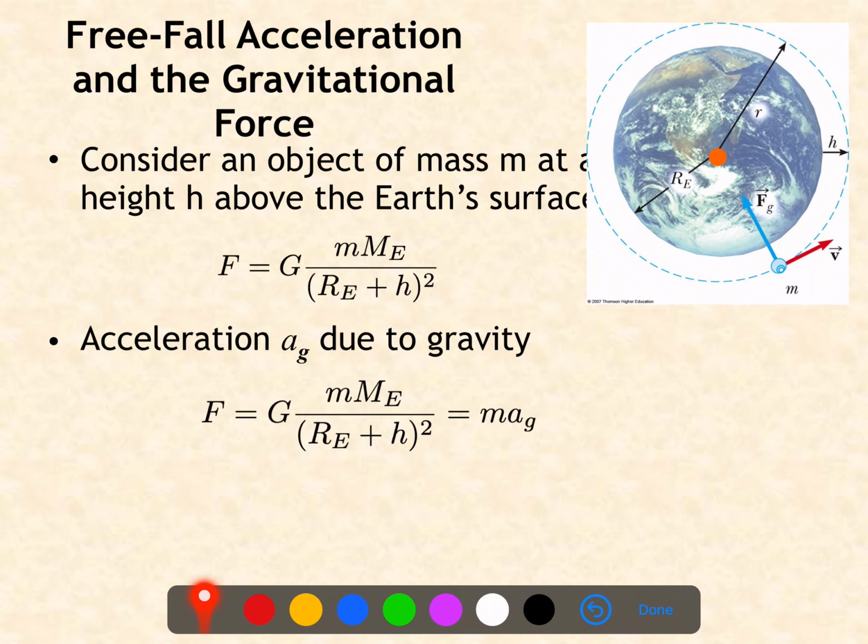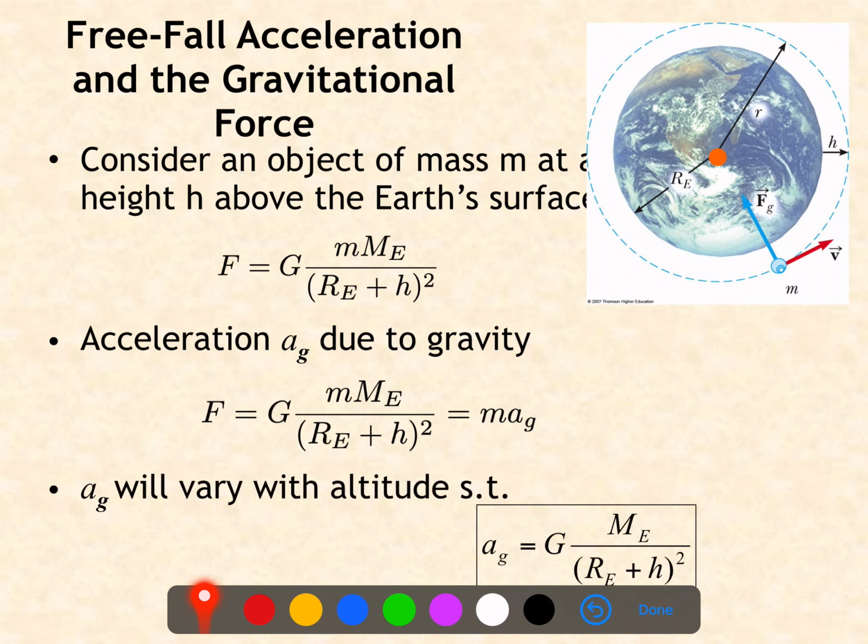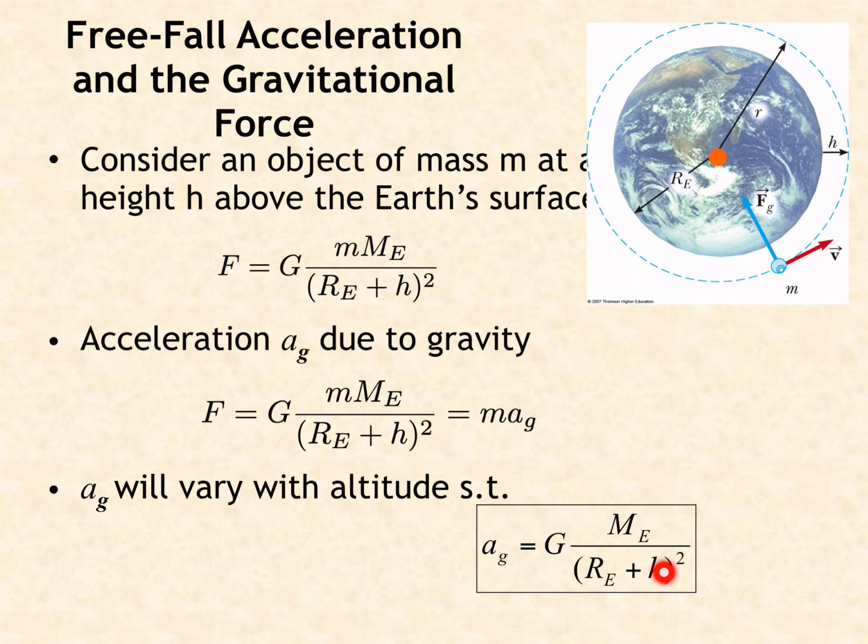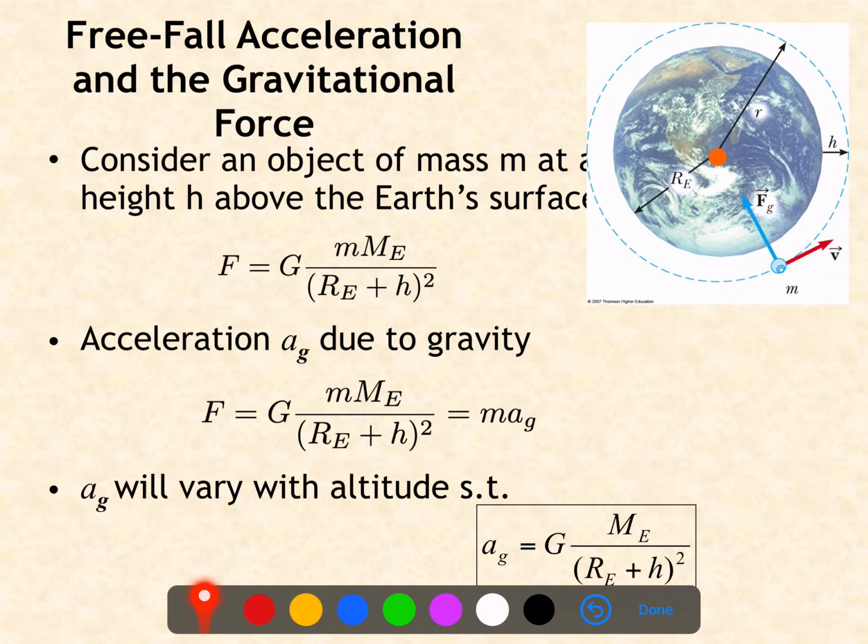Then when I perform this same calculation and figure out what the acceleration rate is due to gravity, I see that it actually does depend on the height, which is sensible, and the larger this height becomes, then the acceleration rate will drop off. So the upshot is that capital G is going to be a universal constant everywhere in the universe.